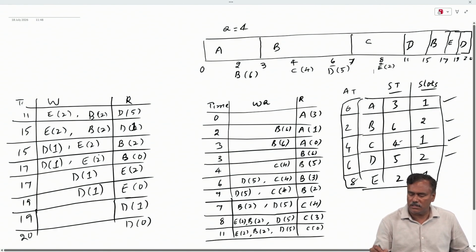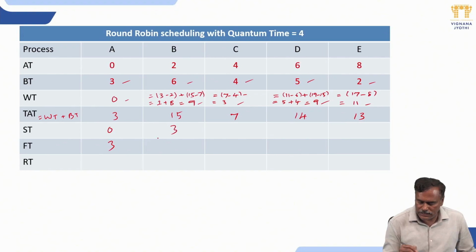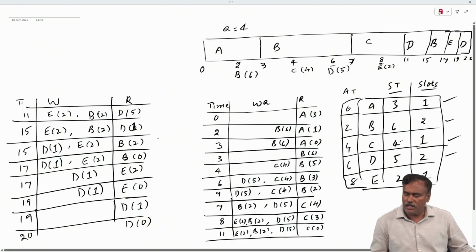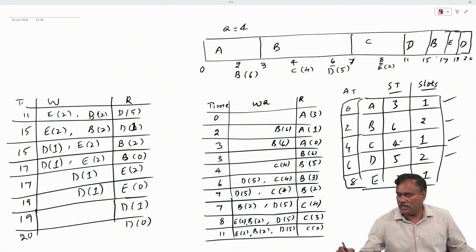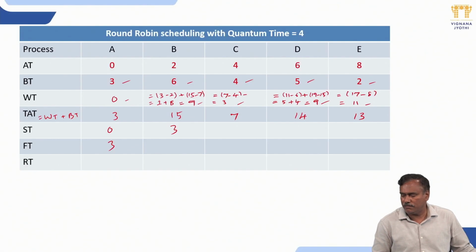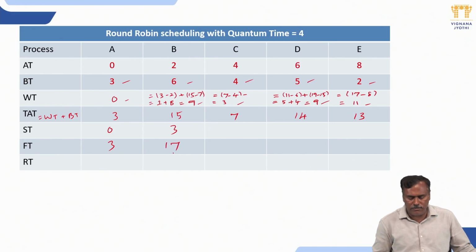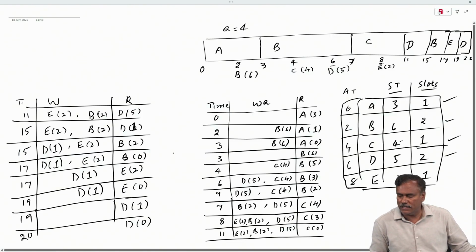In the first slot it started at 3, so 3 will become the start time of process B. And coming to finish time, in the second slot, at the 17th unit of time, process B has finished its execution. So the finish time of B is 17.